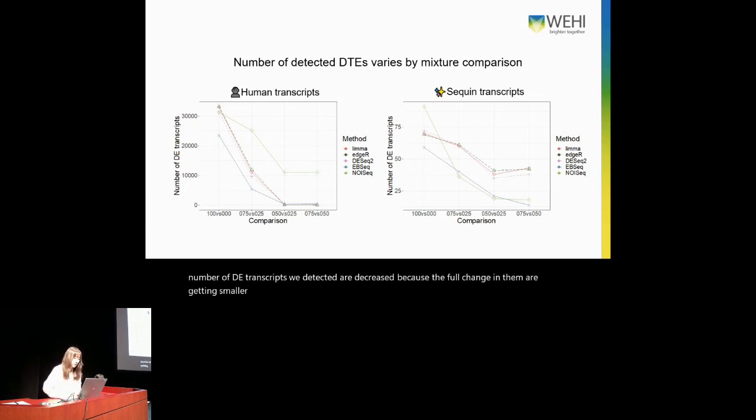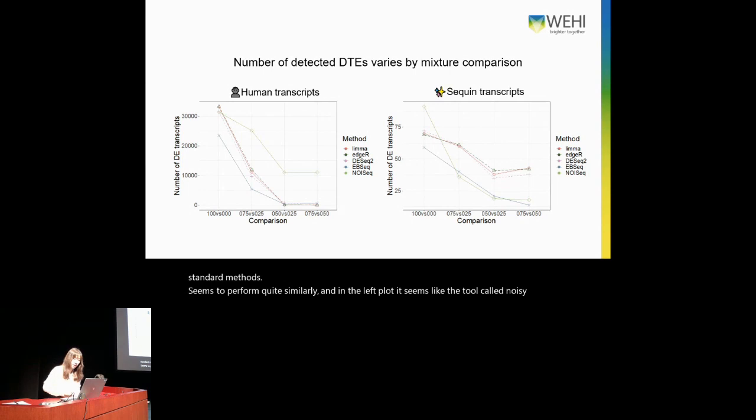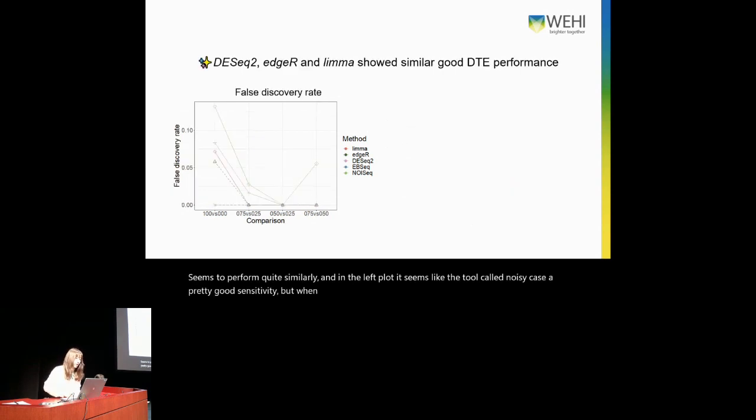And in this plot, we found that limma, edgeR, and DESeq2, which are the three gold standard methods, seem to perform quite similarly. And in the left plot, it seems like the tool called NOISeq has pretty good sensitivity. But when we look into the sequins and calculated the false discovery rate, we found that NOISeq has a bit high false discovery rate.